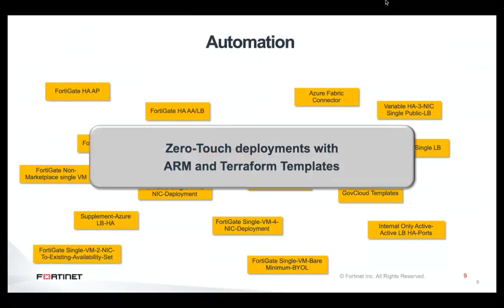Automation, as I mentioned: whether you have FortiGate single or high availability, active-active or active-passive, or even a web application firewall in a single or HA deployment active-active with an Azure load balancer ready, all these templates will deploy automatically.